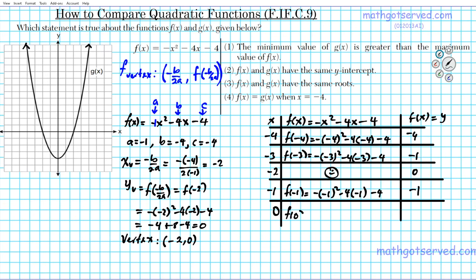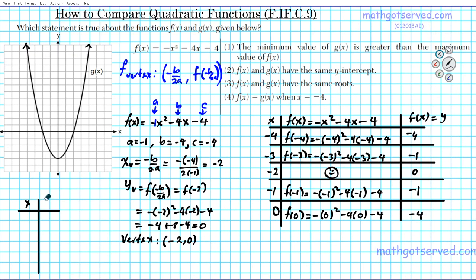And then f of 0, that should be easy to do. Negative 0 squared minus 4 times 0 minus 4. 0 squared, minus 0, minus 4 is just negative 4. Excellent. So we see the symmetry showing up there. Okay, so we have a table of values that we are going to be graphing on this system right here, and then comparing it with the already graphed function g of x.